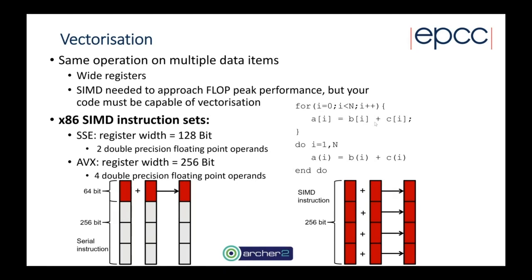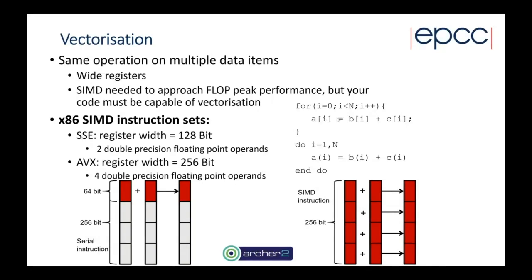So there's a load instruction for B, a load instruction for C, an addition instruction for B plus C, and a store instruction for the result into A. So we've got 4 instructions, and all of those are going to have to be vectorized to get good performance. The instruction set is not just doing vector things for adds and multiplies and subtracts, but it's also loads and stores and those kind of associated things.